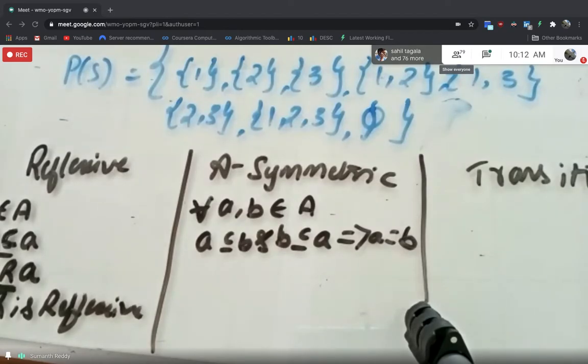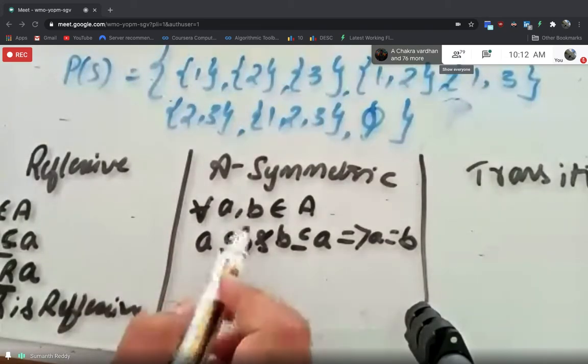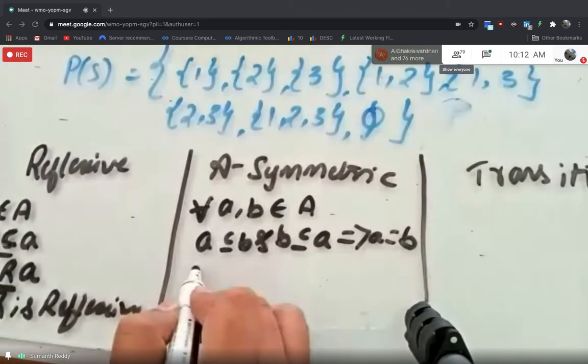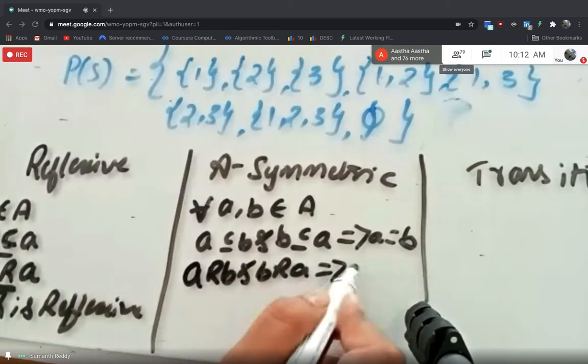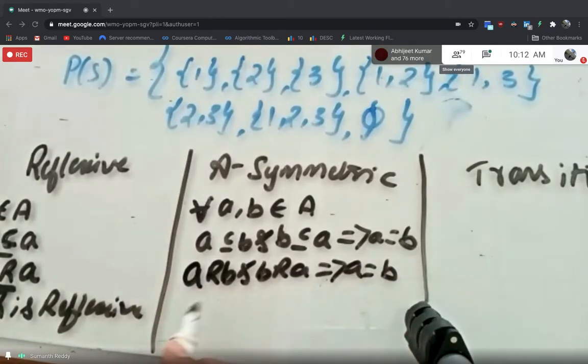And for the theorems, I told the same examples, right? Based on this property only, I have proved all the theorems. I think you remember that. So here subset is the one I'm checking for. I can write it like A is related to B and B is related to A, possible only when A and B are equal. So this is the definition of the antisymmetric property.